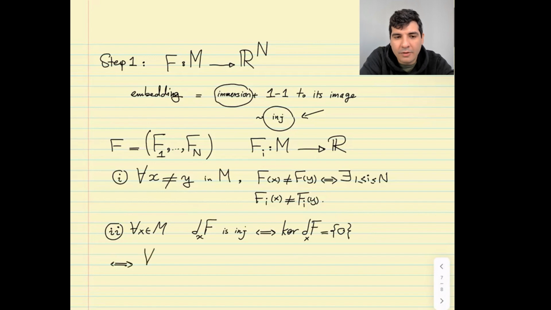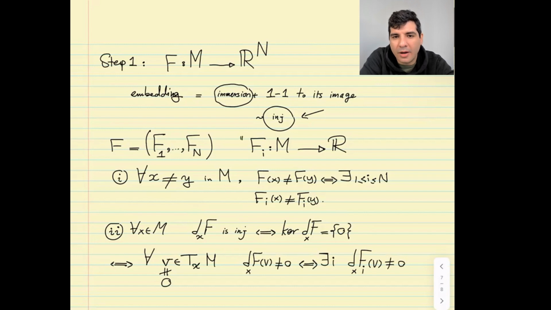So this means for any vector v you pick in the tangent space of M at x, where v is not the zero vector, the derivative of f acting on v is non-zero, which means at least one of the components is not zero. So there should be some i such that dx fi acting on v is non-zero.